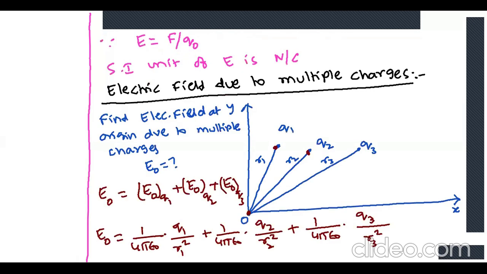Here I am having three charges, Q1, Q2, Q3. Suppose let us consider Q1 equal to some positive value, Q2 and Q3 are negative. Then instead of Q2, I'll keep minus Q2, and Q3 also, instead of Q3, I'll keep minus Q3.